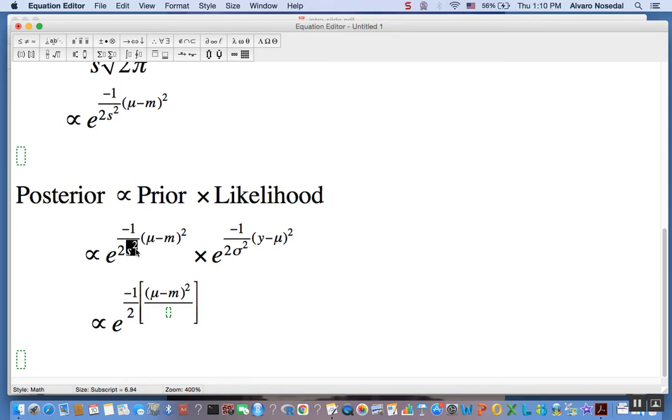What we have is that first term here, and then plus that second term here, divided by sigma squared. So we are just combining those two exponents.